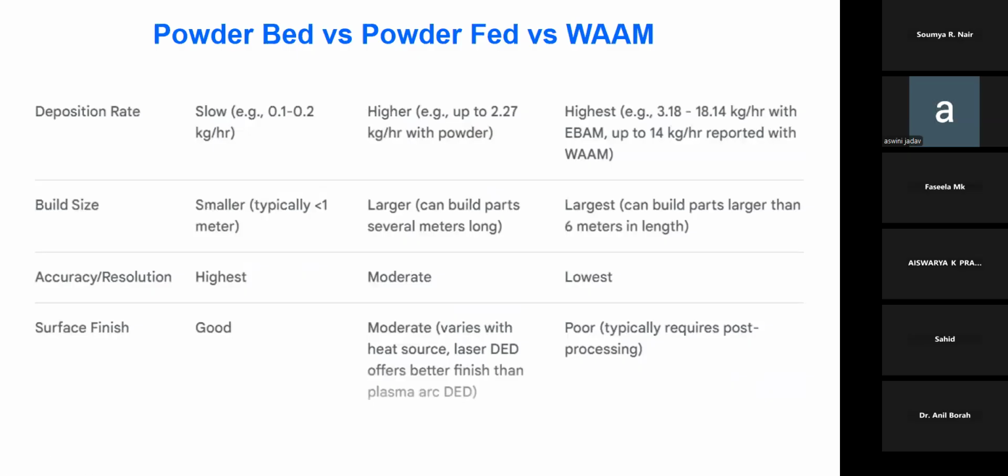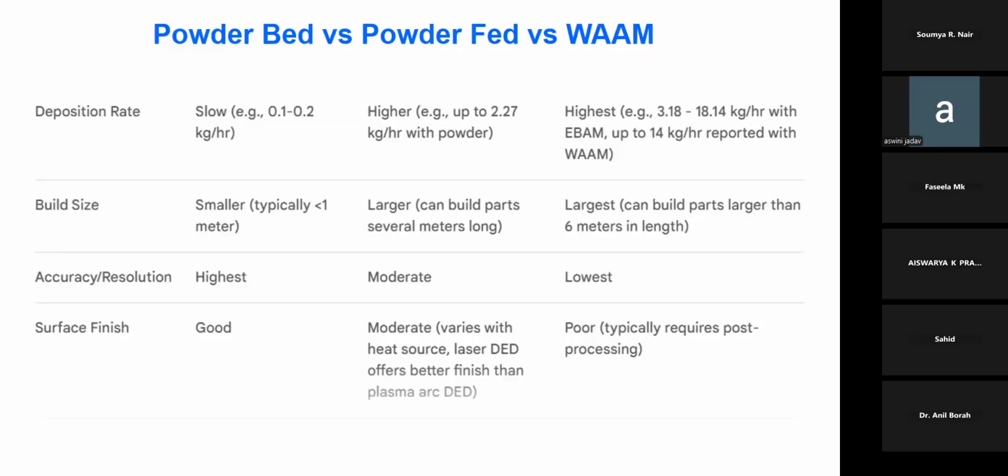And this is another very important thing, deposition rate. Deposition rate in powder bed will be around 0.1 to 0.2 kg per hour, right? Whereas in the powder fed machine, it will go up to 2.27 kilograms per hour. And in wire arc additive manufacturing, it may go up to 14 kg per hour. You just imagine.